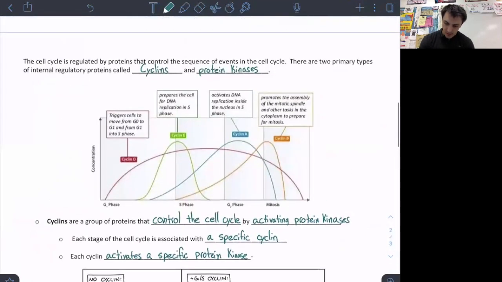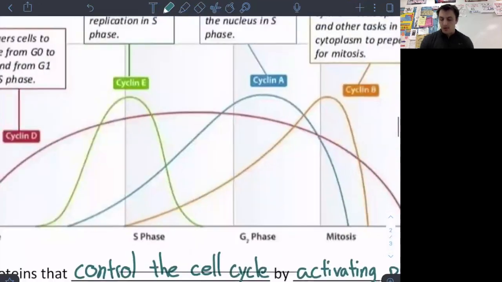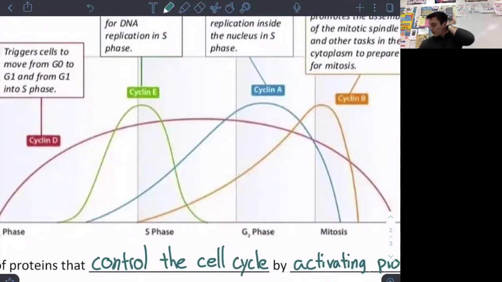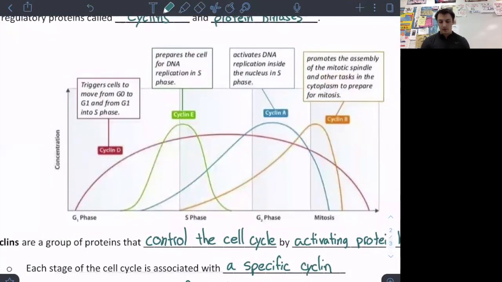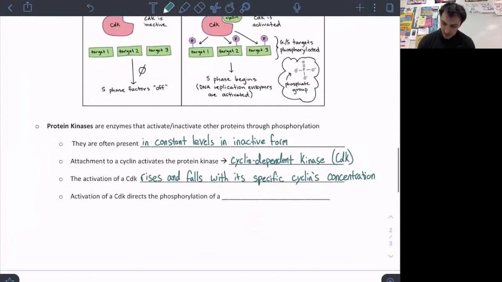So let's jump back above here. We can tie together that when there are higher concentrations of a specific cyclin, that CDK is more likely to be active. That's all that last one's saying.